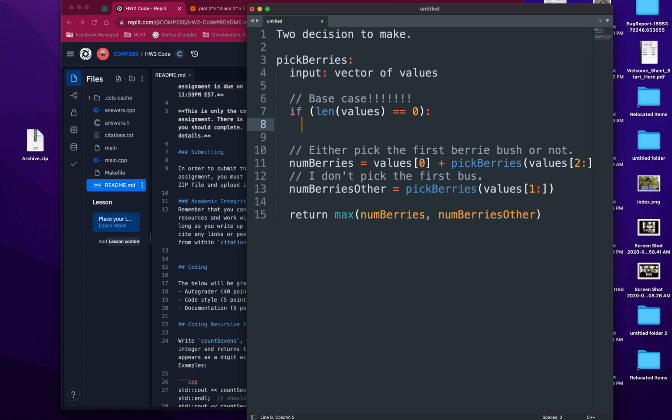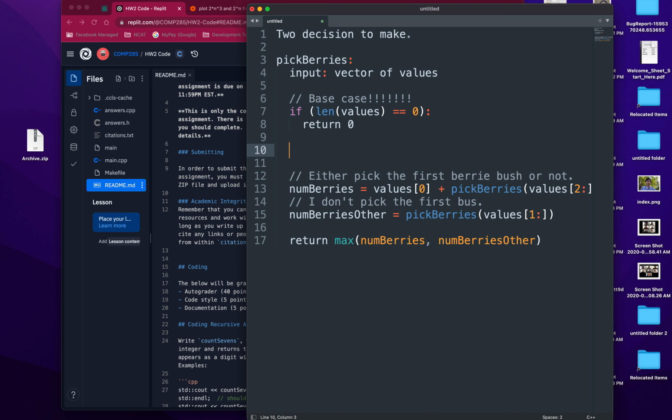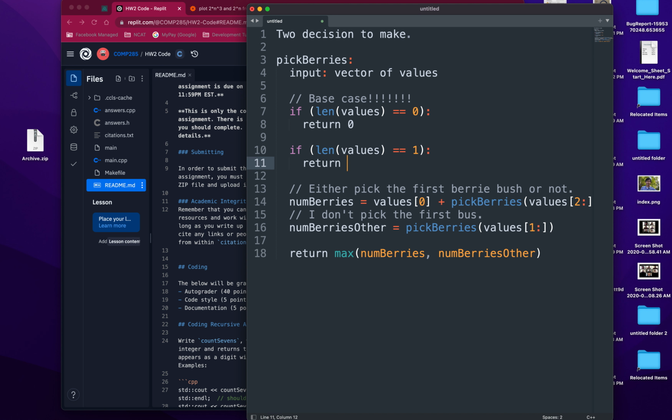So let's return 0. If there is only 1 bush, then let's return that bush because we pick it. Well, I guess technically here you could say the max of that bush and 0, because if somehow your bush has negative berries, you might not want to pick it, even though it's the only one.